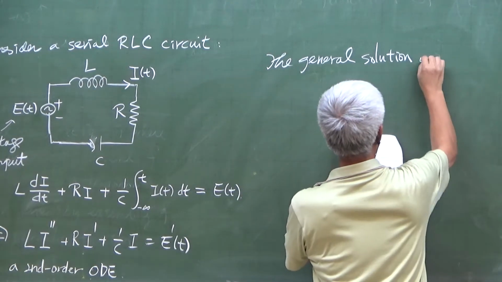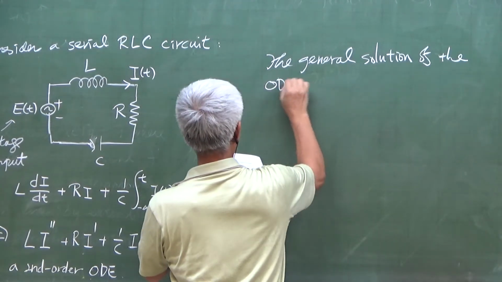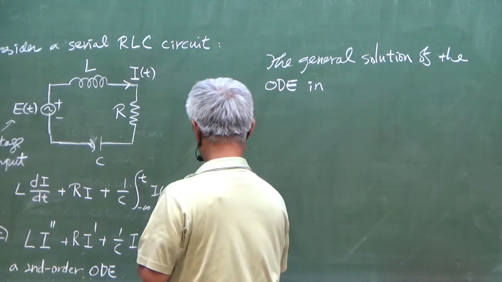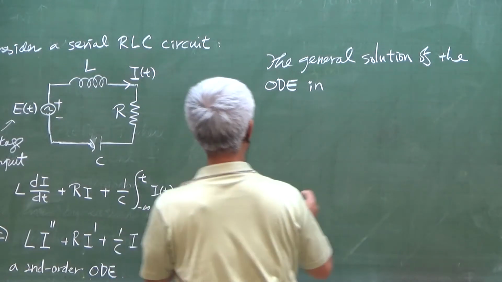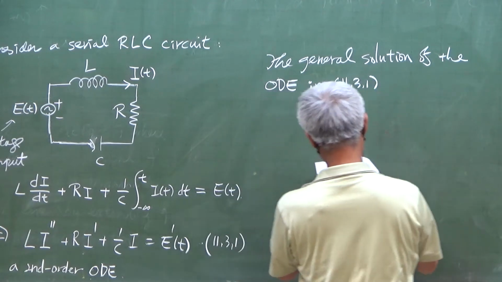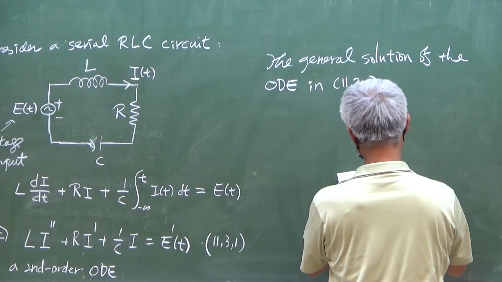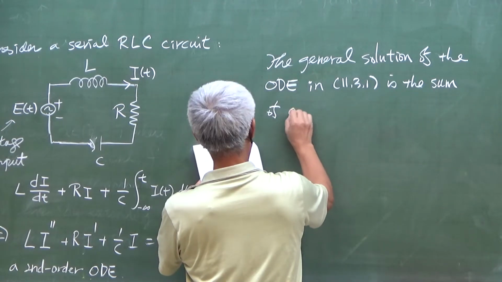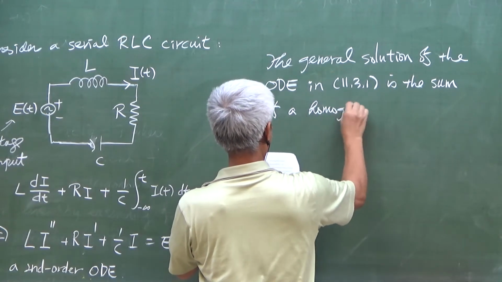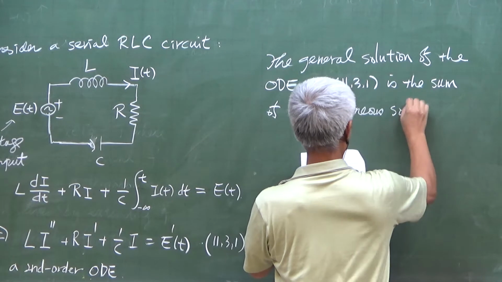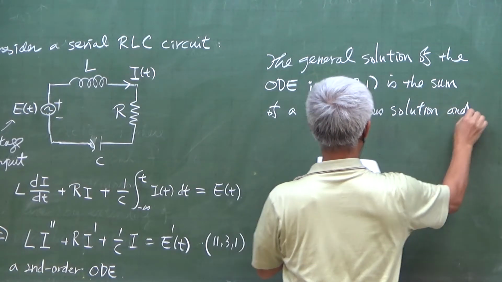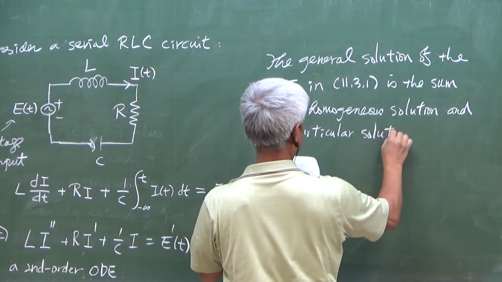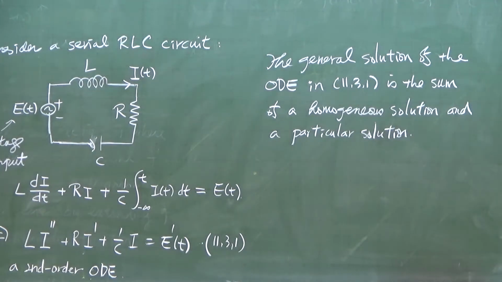The general solution of the ODE, let me say this is 11.3.1, is the sum of a homogeneous solution and a particular solution. So we have a homogeneous solution.